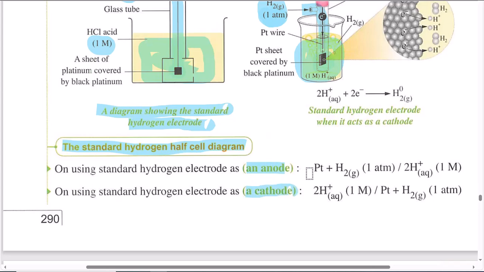If it acts as an anode, hydrogen gas flowing on the platinum sheet at a partial pressure of 1 atmosphere is oxidized into 2 hydrogen ions at a concentration of 1 molar in the solution. If it acts as a cathode, then 2 hydrogen ions with 1 molar concentration in the electrolytic solution will be reduced to hydrogen gas on the platinum at a partial pressure of 1 atmosphere.